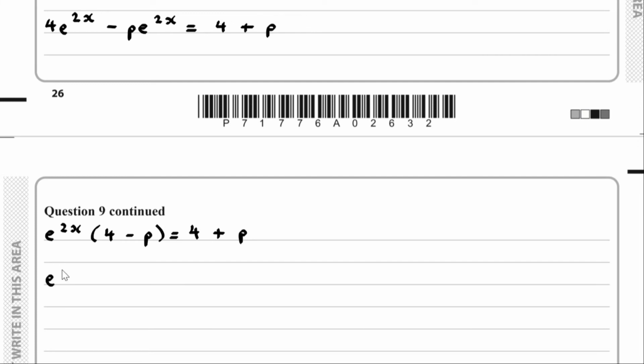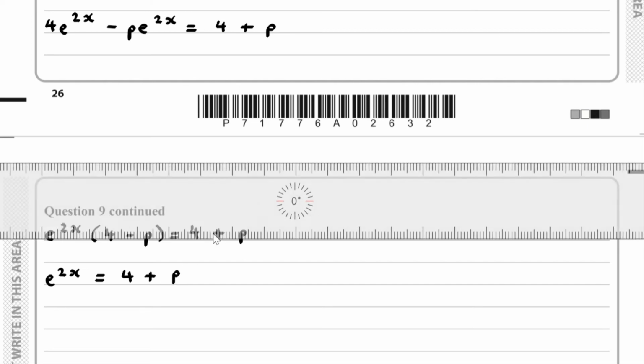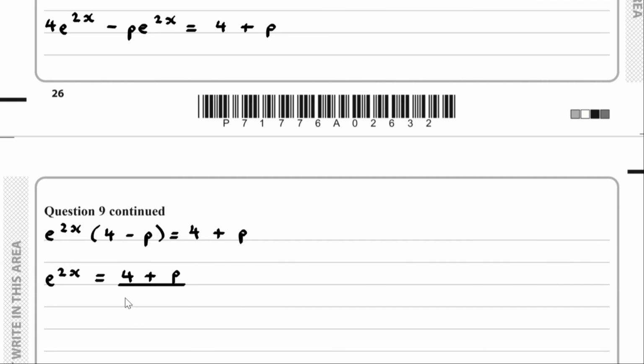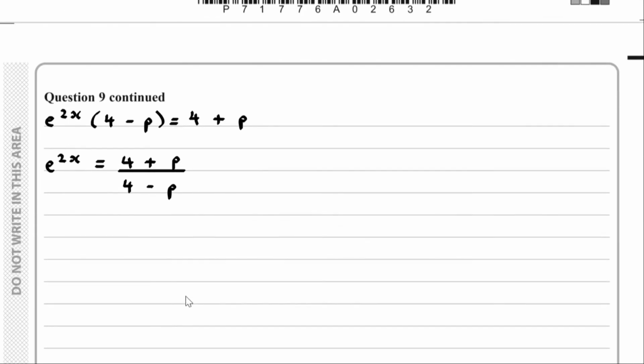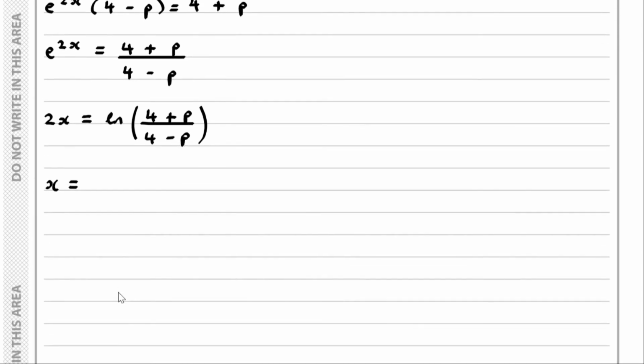So e to the 2x is equal to 4 plus p divided by 4 minus p, and so 2x is equal to the natural log of 4 plus p divided by 4 minus p, in which case we see x is equal to 1/2 times the natural log of 4 plus p divided by 4 minus p.